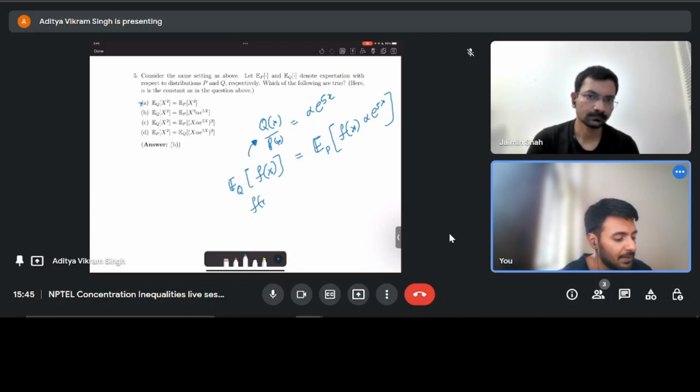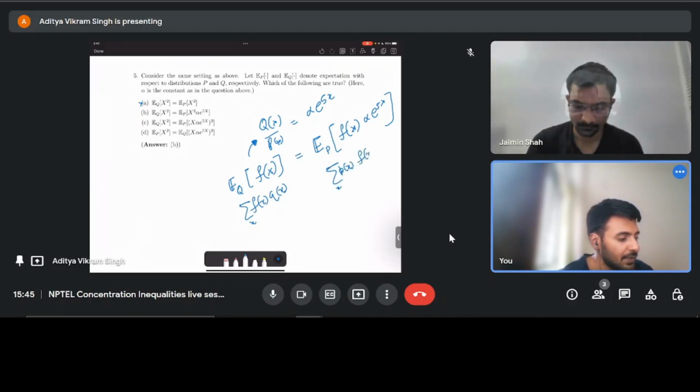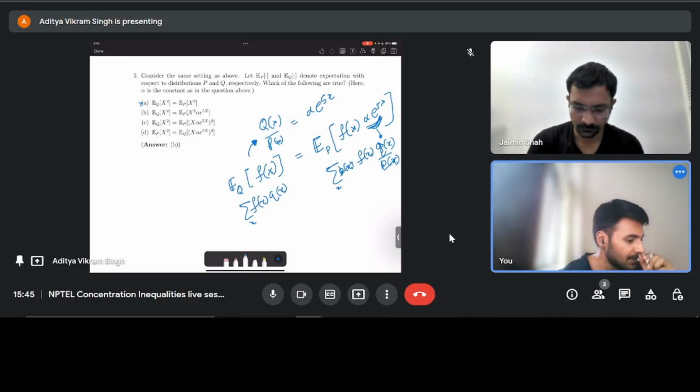Okay, in this case you can just see it clearly. The RHS would be the sum of Px fx times alpha e power 5x, and this alpha e power 5x is Qx by Px. And so basically Px cancels, and you have that LHS and RHS are the same.